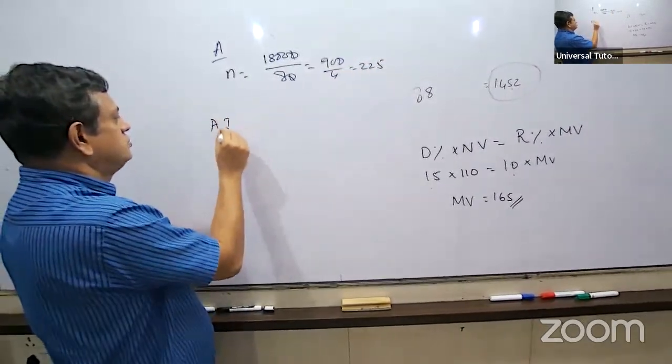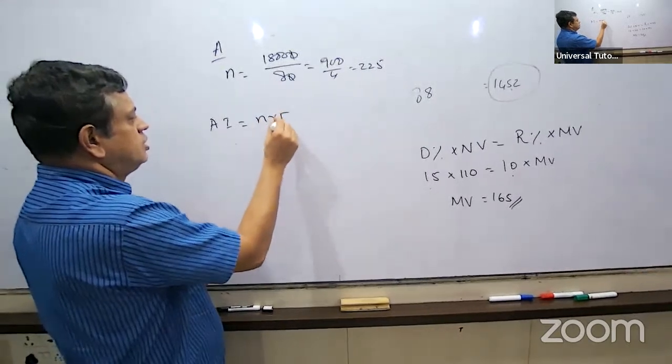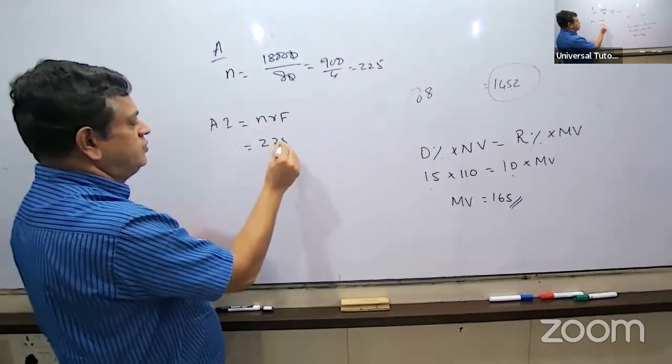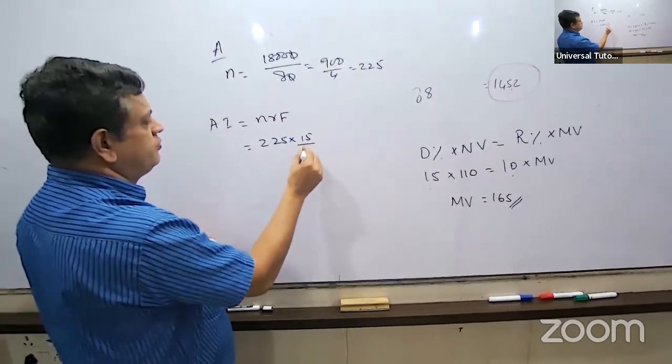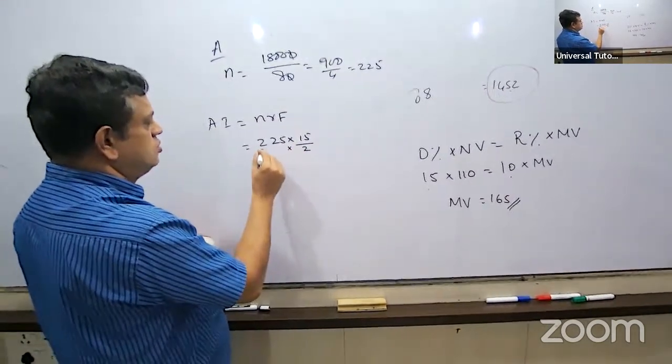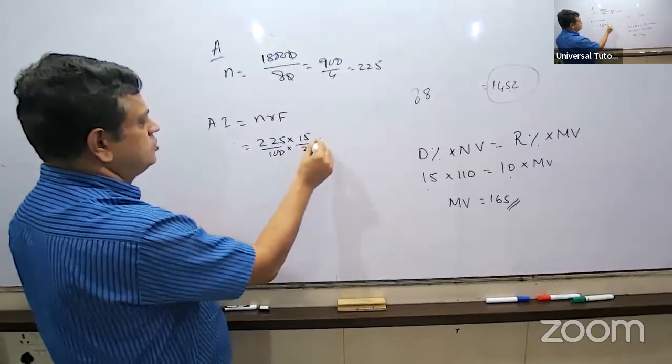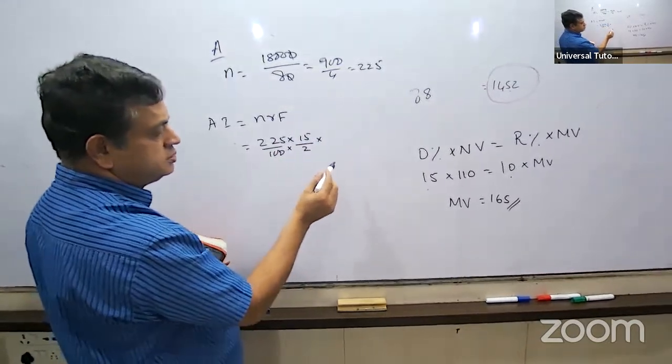Therefore, annual income NRF, how much you got? 225. What is R? 7.5, means 15 by 2, into 100 divided by 100.